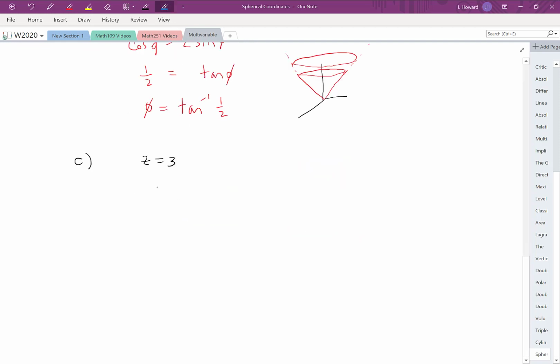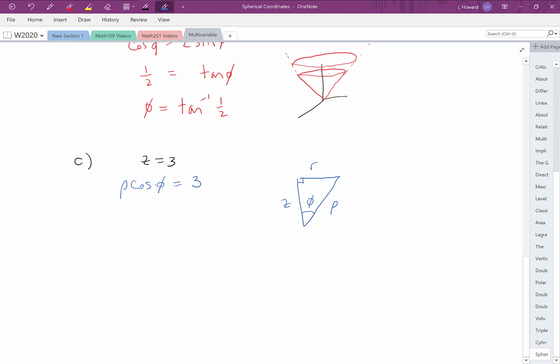And that's just another way of rephrasing this cone here. So last equation that we're going to express in spherical, we've got the equation z equals 3. So again, let's go back to our special triangle for spherical coordinates. We've got z, r, and rho there. So to get z into spherical, we're going to say z is rho cos phi.